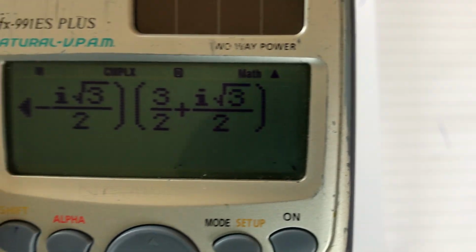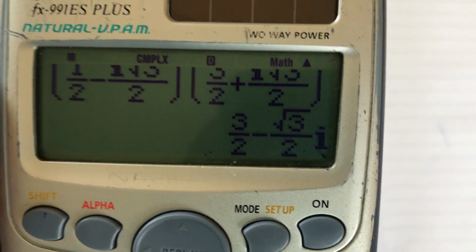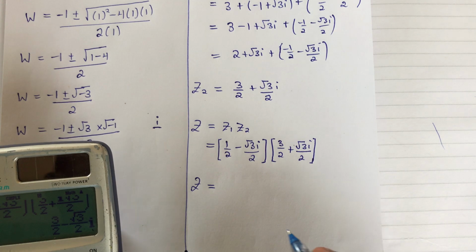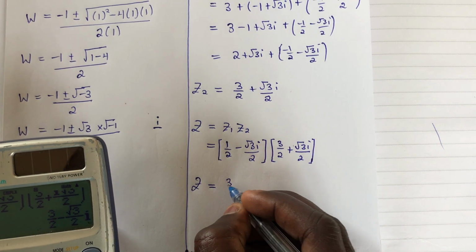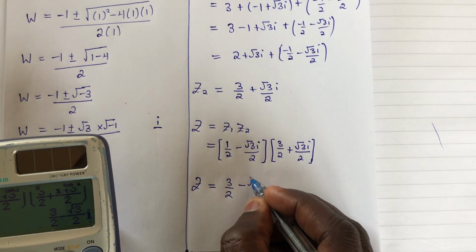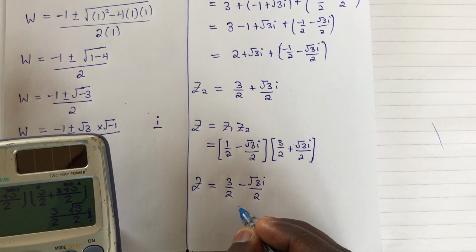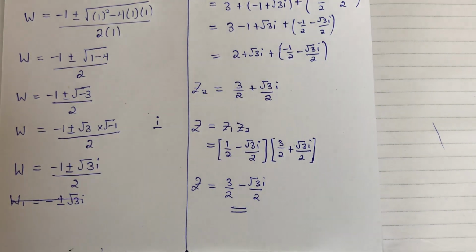The result is 3 over 2 minus root 3 over 2 i. So therefore Z is equal to 3 over 2 minus root 3 i all over 2, and this is your final result.